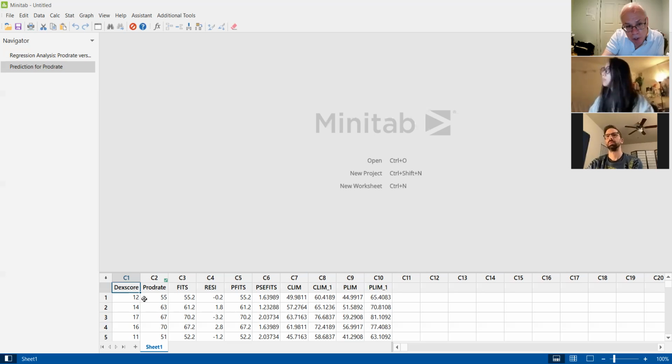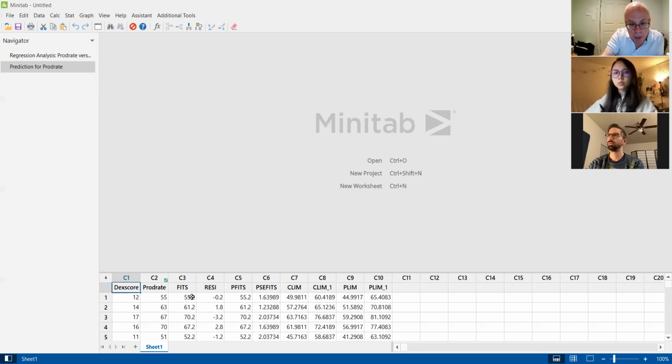How would you do it? You would enter 15 as an additional value in C1. Then you would come up with a fit for it, right? You can do that, right?